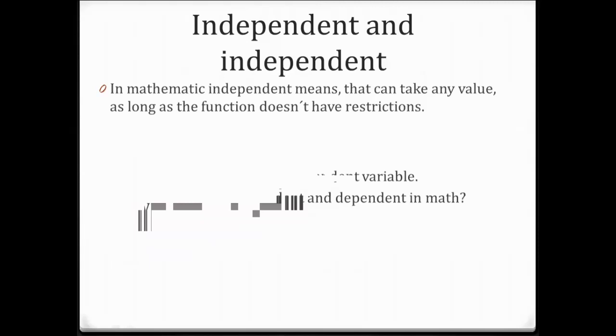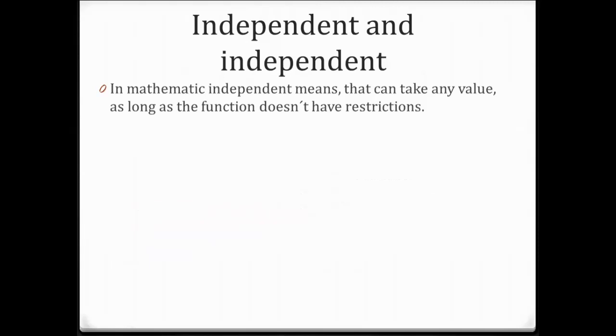Later on, you're going to see other topics like rational functions, which work with algebraic expressions like fractions, and they have some values that cannot be taken. So if the function has restrictions, the domain will have restrictions, and the independent variable will have these restrictions too.